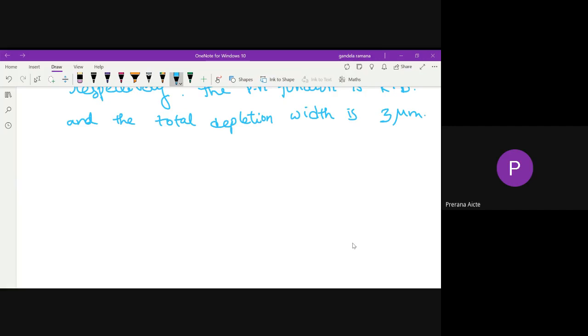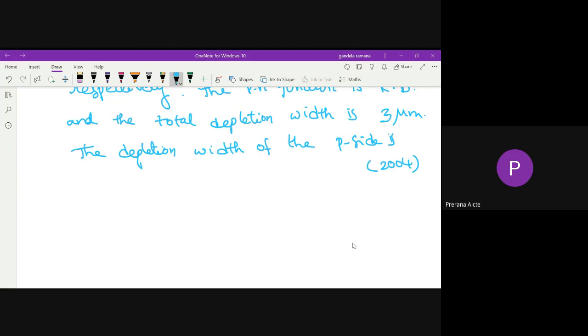The depletion width on the P side is. This is a 2004 GATE question.